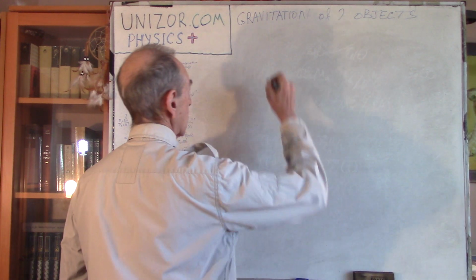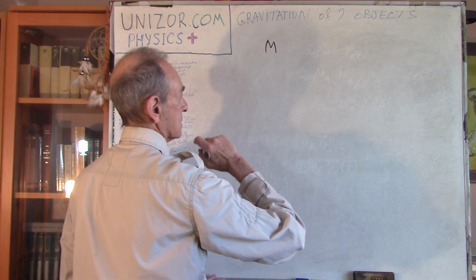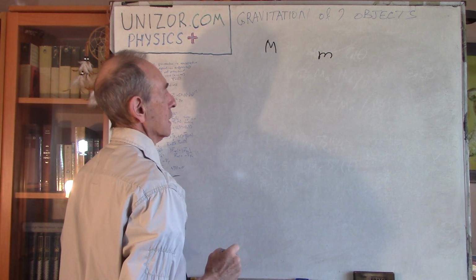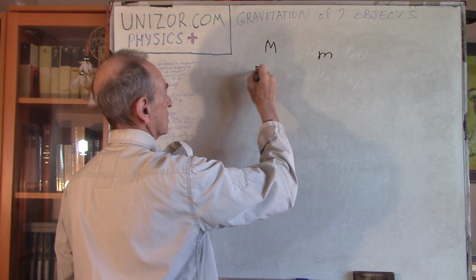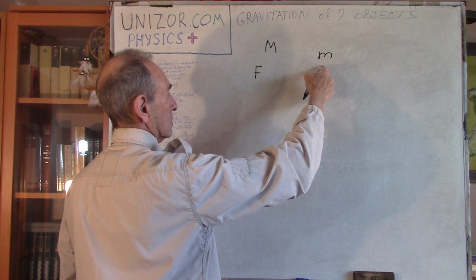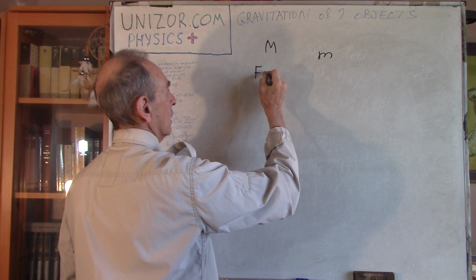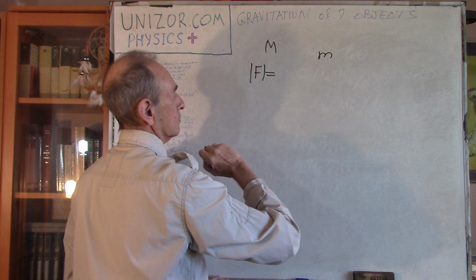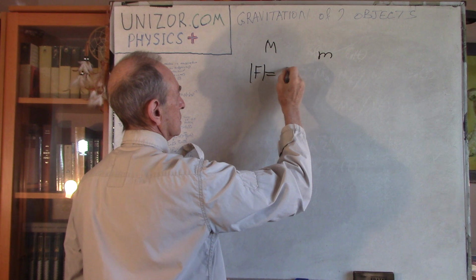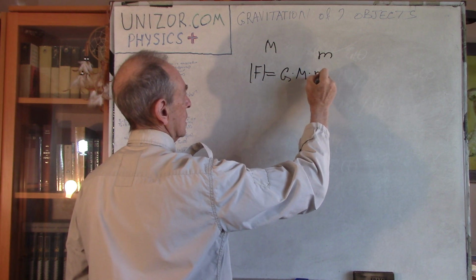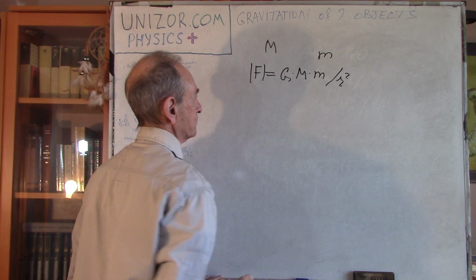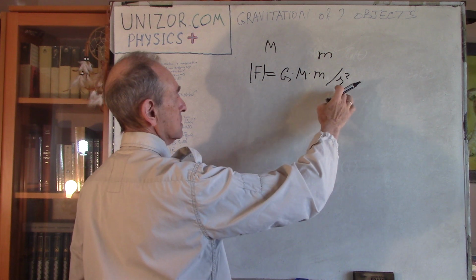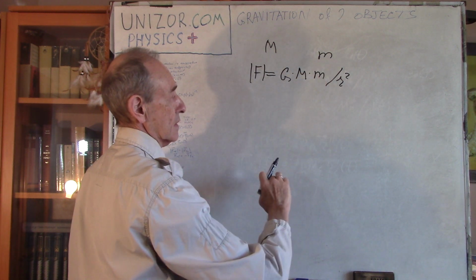If you have a fixed object of mass capital M and a test object of mass lowercase m, then the force of gravity which this test object is experiencing is, by magnitude, equal to G times M times m divided by r squared, where G is the universal gravitational constant and r is the distance between them.